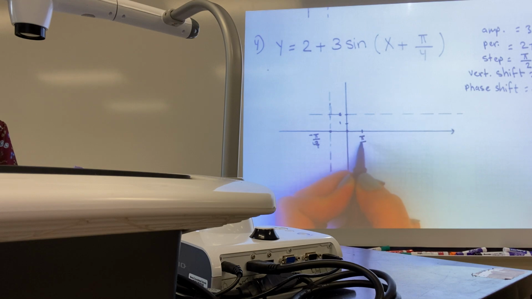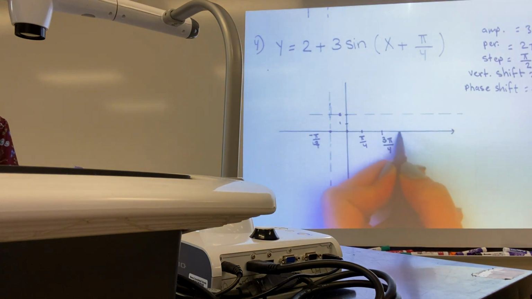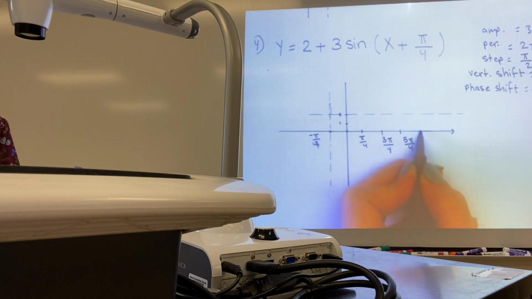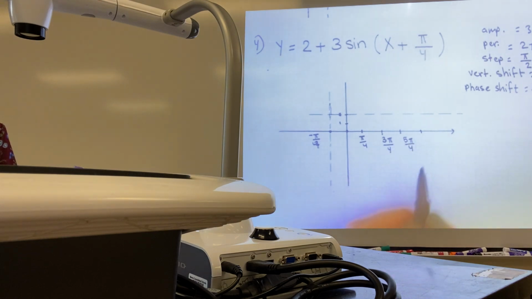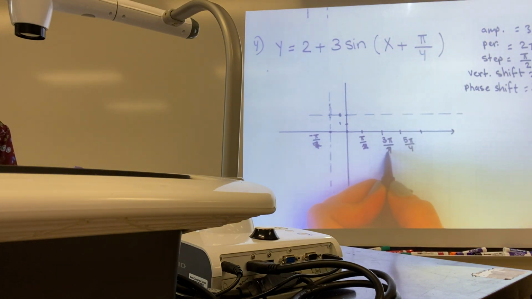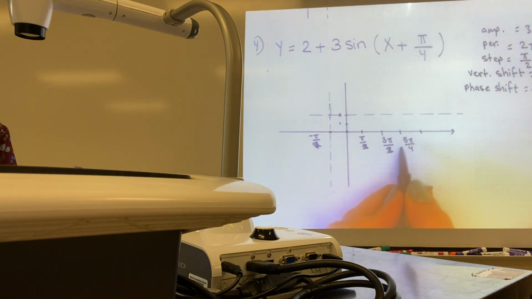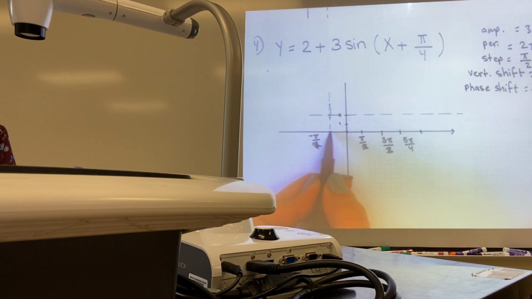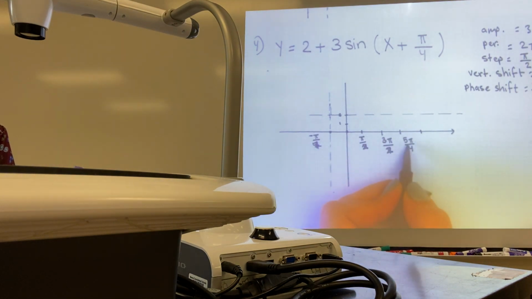Pi over 4, 3 pi over 4, no, I think this should be 2. Negative pi over 2, 0, pi over 2, 3 pi over 2, and we said we need 4 steps, so this is 1, 2, 3, and 4, and we'll stop here at 2 pi. Sorry about this, but this is 2 pi.